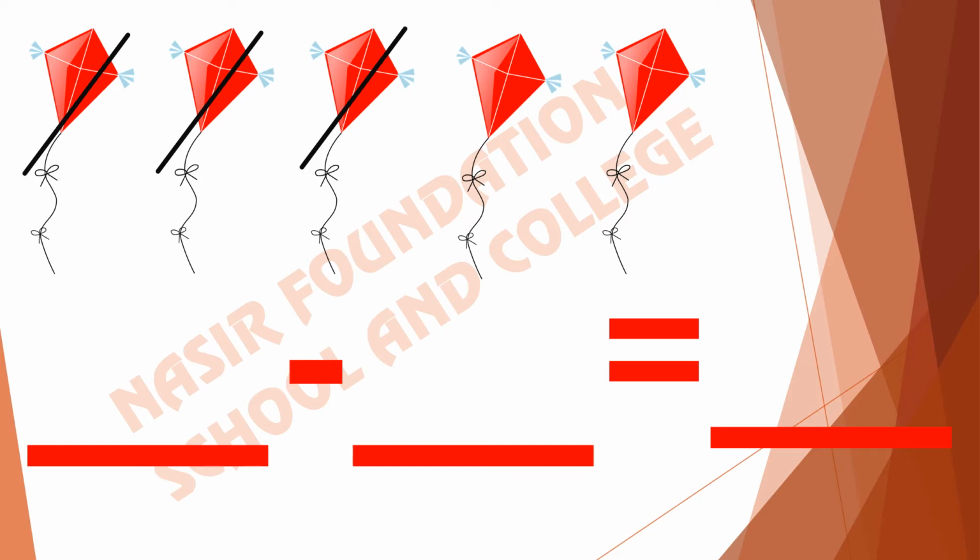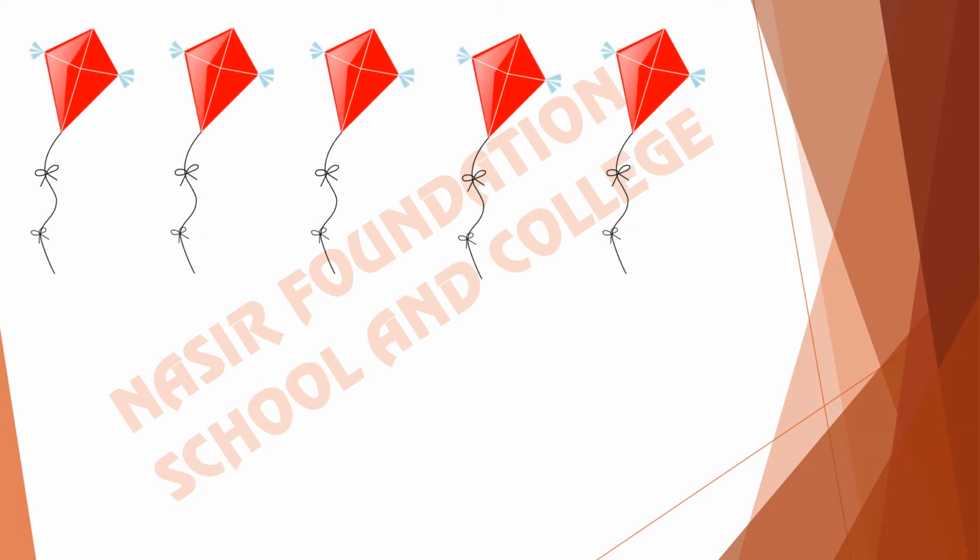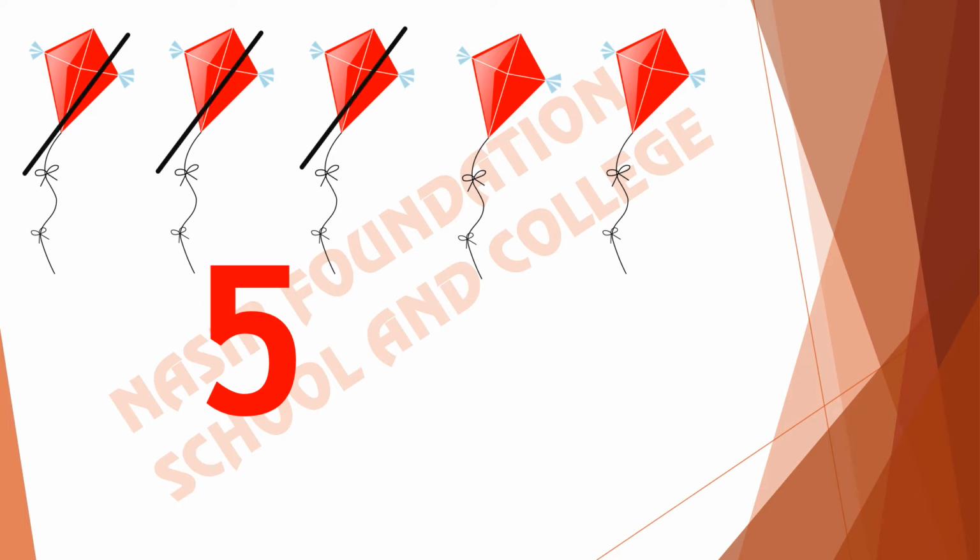Here we can see that some of the kites are given and some are subtracted. Now students, you will tell me how to write subtraction sentence for them. We can see that there are 5 kites. Out of these 5 kites, we will subtract 1, 2, 3.